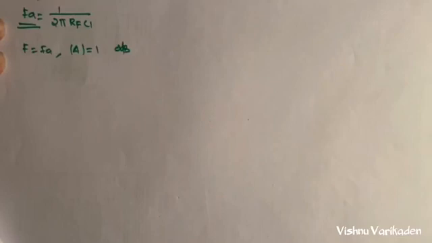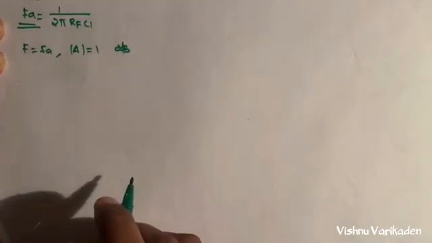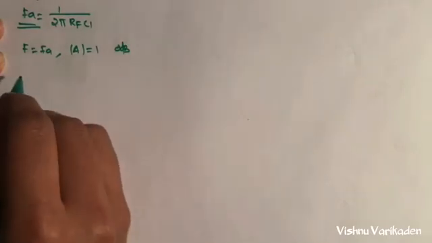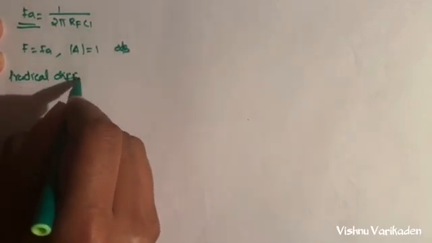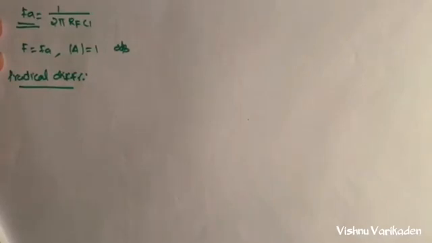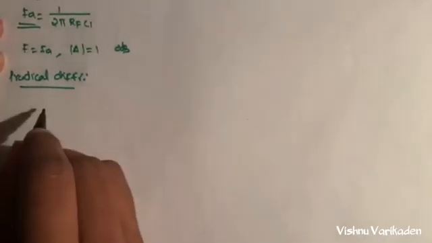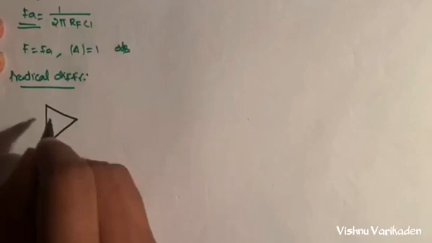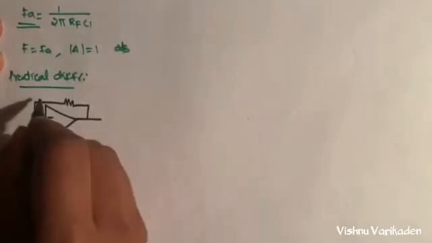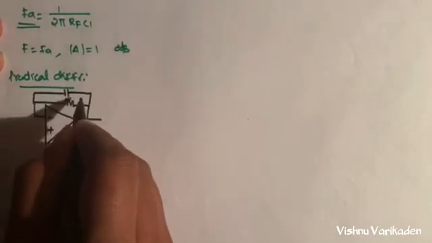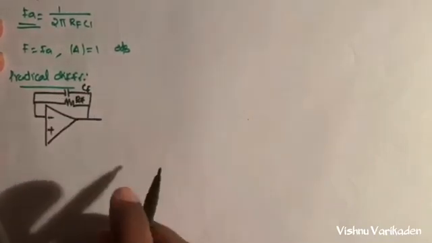After we discuss the practical differentiator, we will conclude with the frequency response of the basic and the practical differentiator simultaneously. So this is a practical differentiator. In the practical differentiator, as we already told you, there is a resistor in the ideal one. You will apply a parallel component, that is Cf.